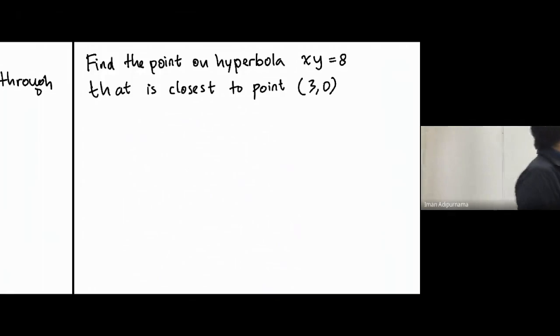Find the point on the hyperbola xy equals 8 that is closest to the point (3, 0). Okay.